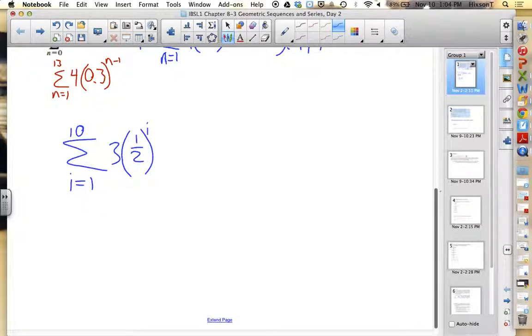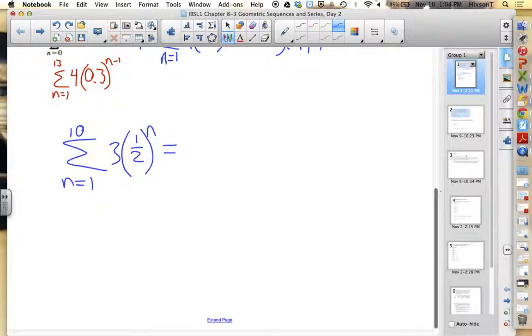Those are problems like for this quiz, right? Yeah. And it really doesn't matter if we're using i or n, just whatever variable happens to be there, you're plugging values in. Okay? So, what would the sum from 1 to 10 of 3 times 1/2 to the n power be?